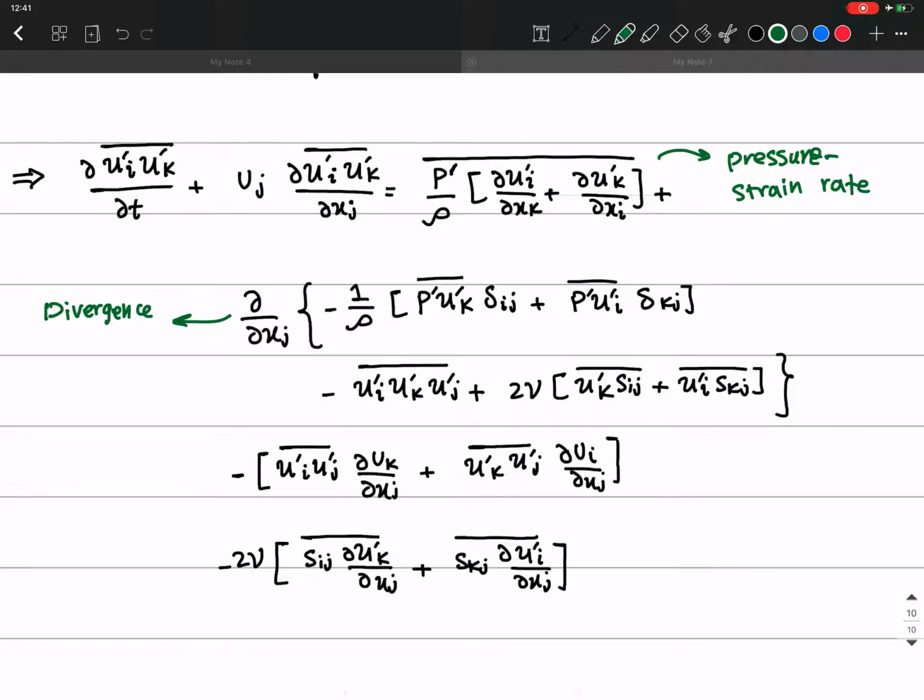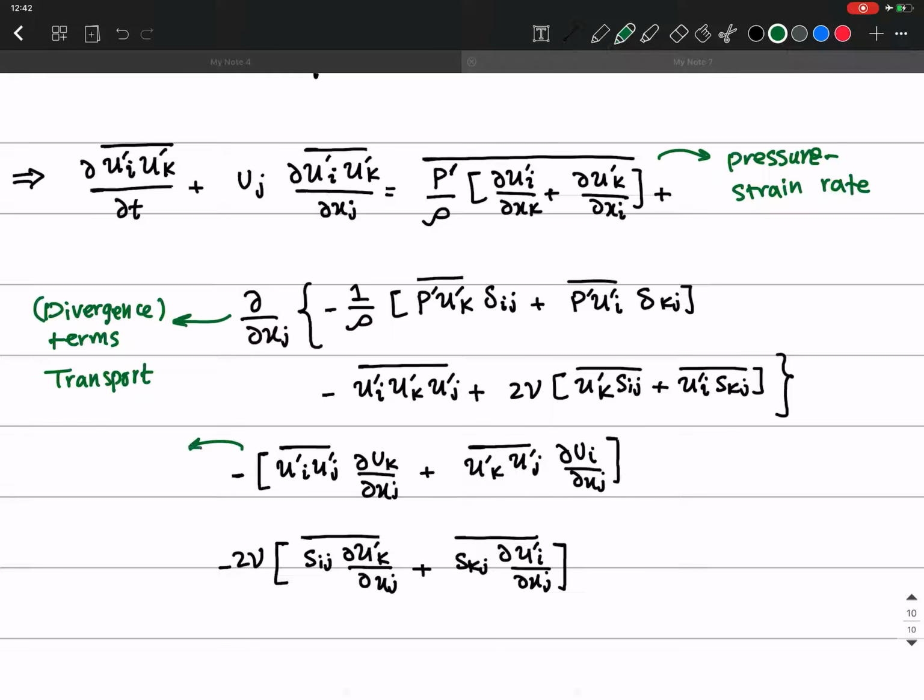And they are also kind of the transport. We also call them transport, and I'm going to come back to what transport means. But basically, it means that these terms just transport the Reynolds stresses from one location to another location. Okay.